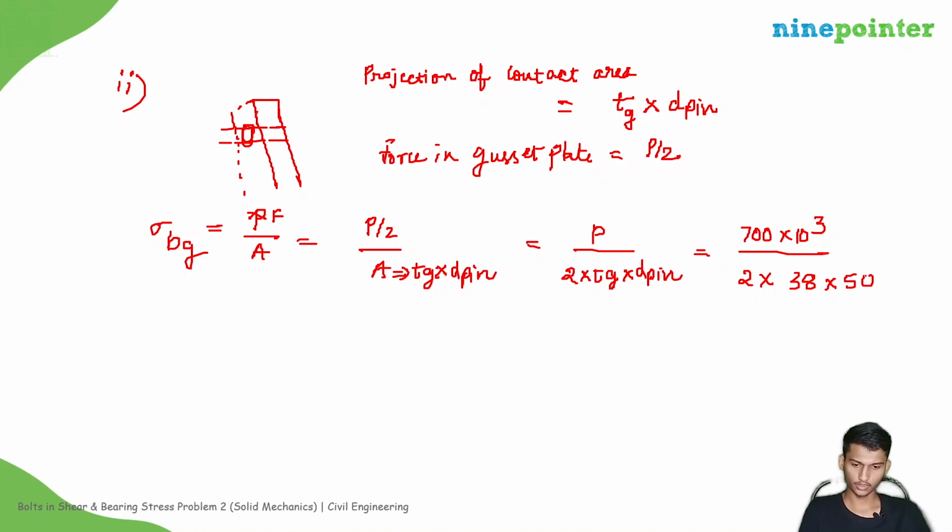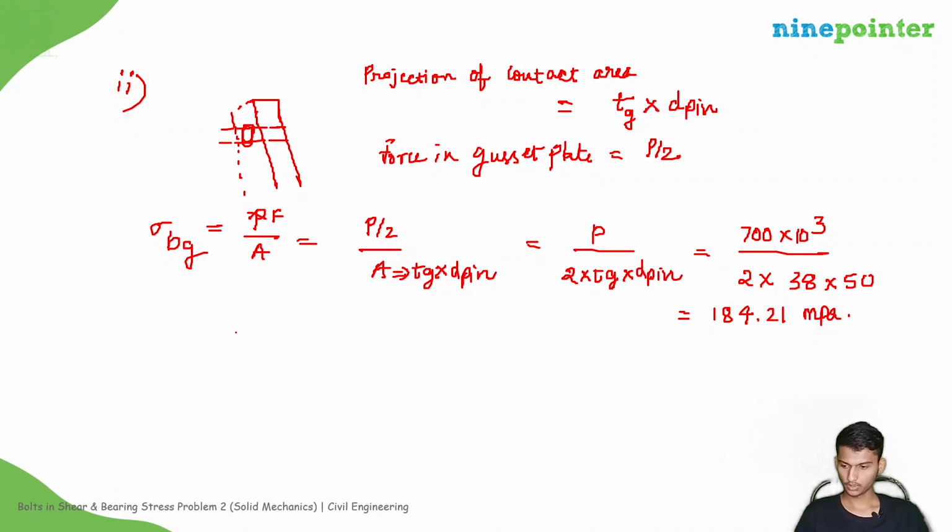So let us put it in calculator. 700 into 1000 divided by 2 divided by 38 divided by 50. So that will give us 184.21 megapascals. So this is the second part's answer.